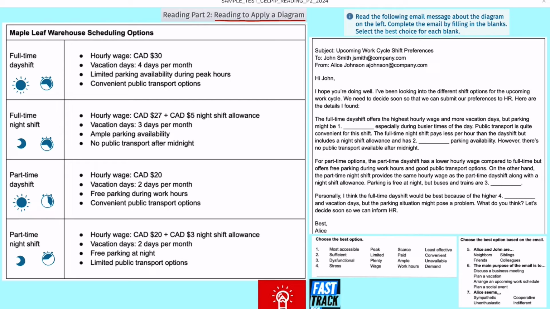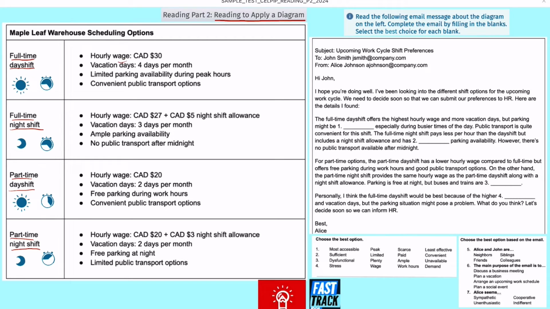In this case, we can see there are 4 categories. These include the full-time day shift, full-time night shift, part-time day shift, and part-time night shift. Now, what's being compared across these 4 categories?